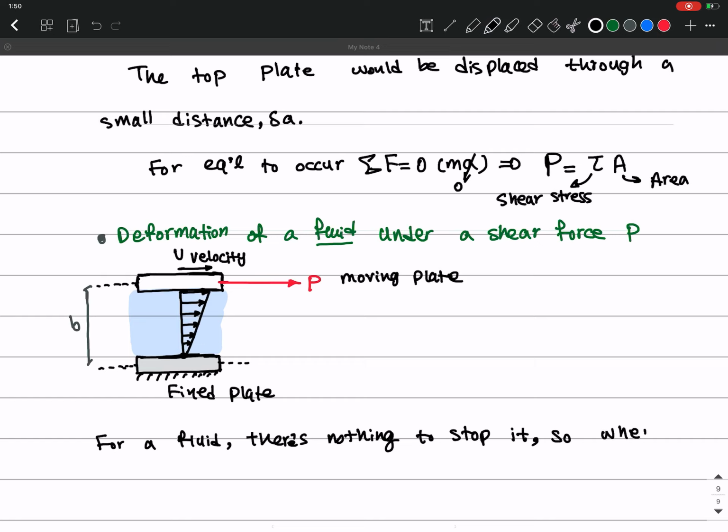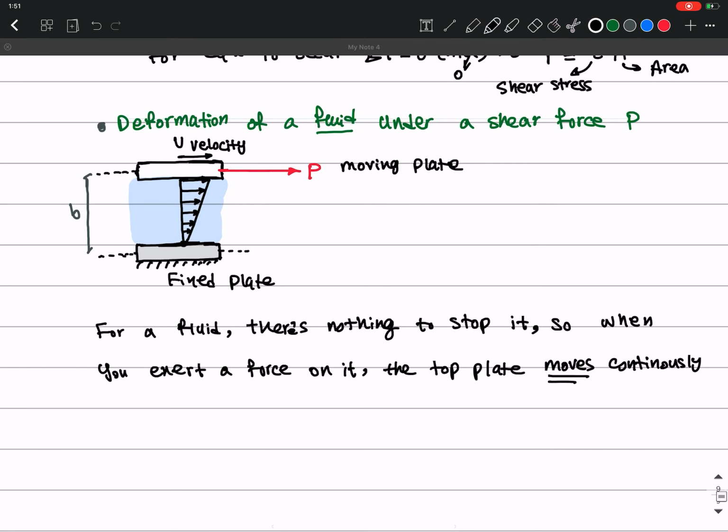So when you exert a force on it, the top plate moves continuously with a velocity u. Okay.